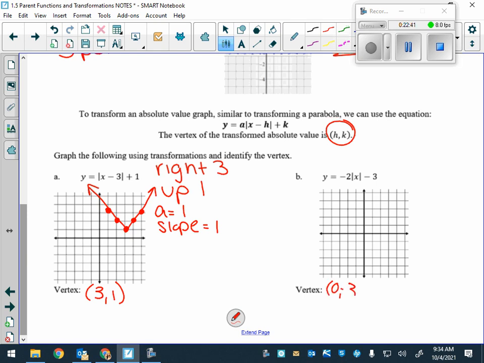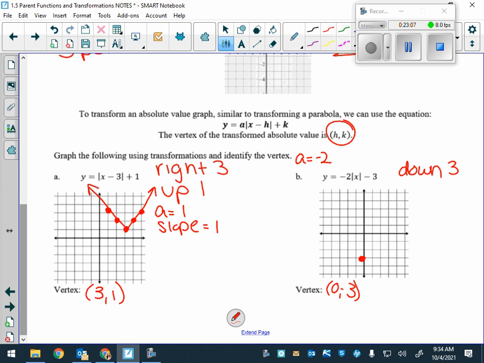Be 0, -3. So what transformation just happened? What's one transformation? Kate? Down 3. Now, what is my A value? Yeah, Riley. Okay, my A value is -2.